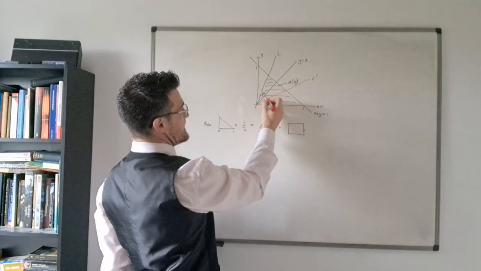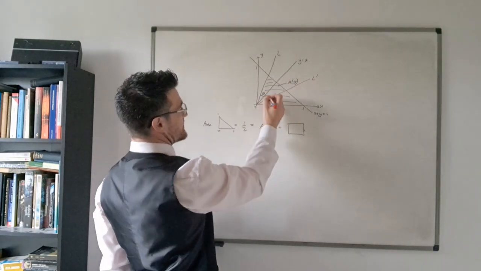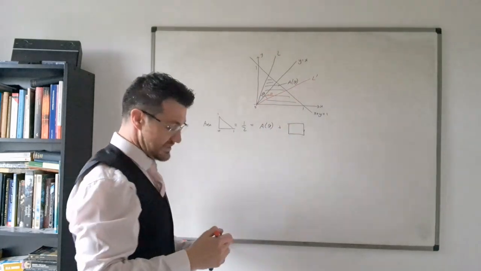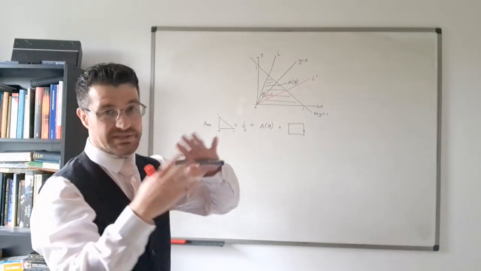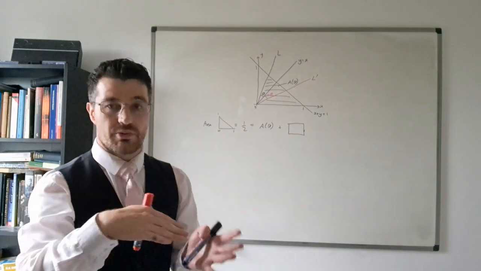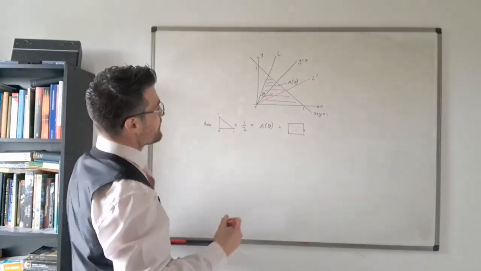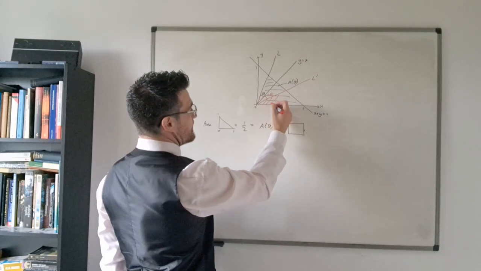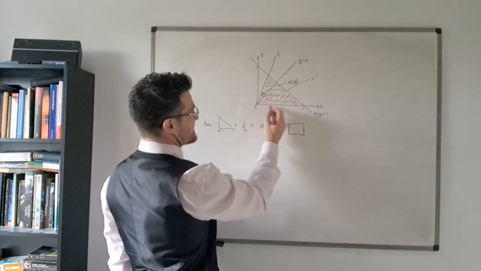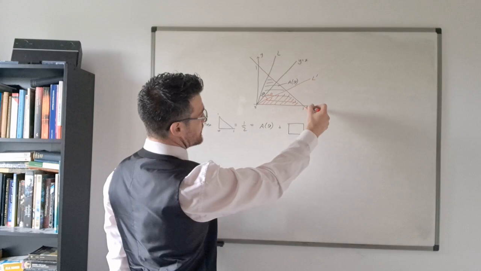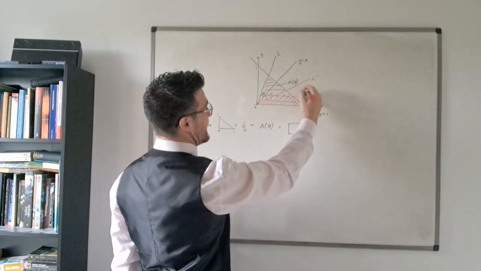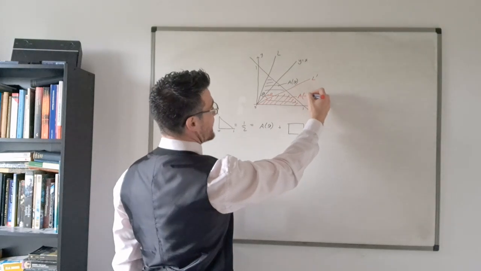So this angle here between L primed and y equals x is not theta, it's minus theta. It's the same size as theta, same magnitude, but opposite in sign because of the way that we're measuring angles here. So this area, the area bounded by the x-axis, the line x plus y equals 1, and the line L primed in this case, is going to be A of minus theta.